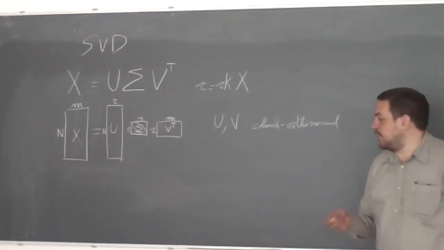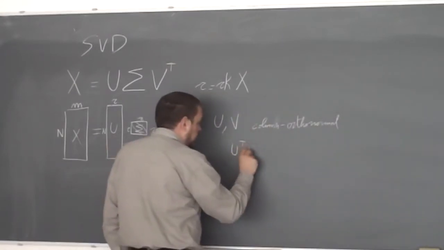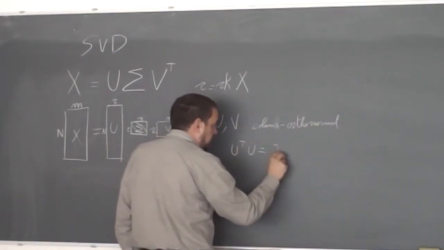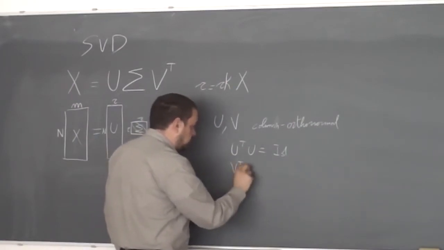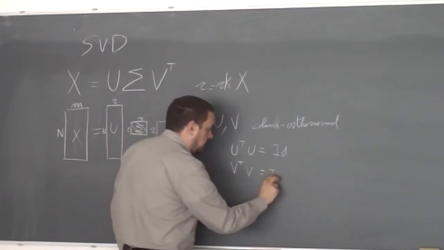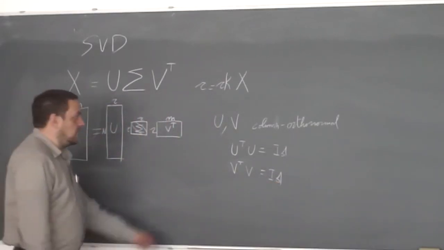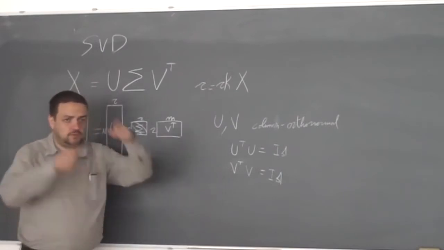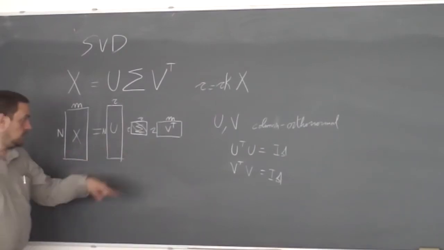A simple way to define column orthonormality is to say that U transpose U is the identity matrix, and also V transpose V is the identity matrix. So the dot product of two columns of U is 0 if the two columns are different, and 1 if they are the same column, and so on.